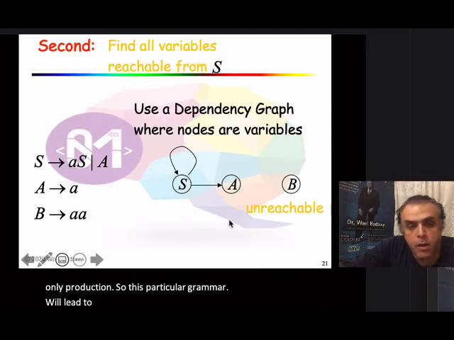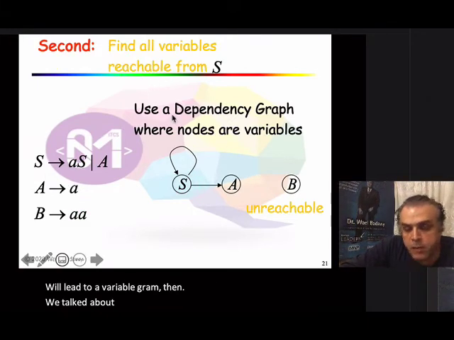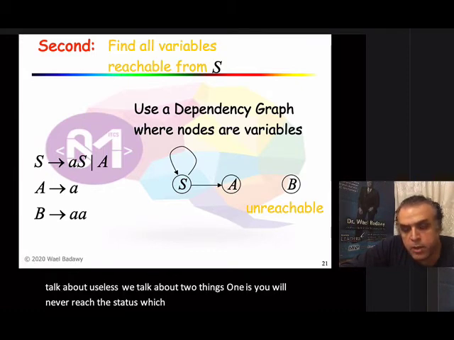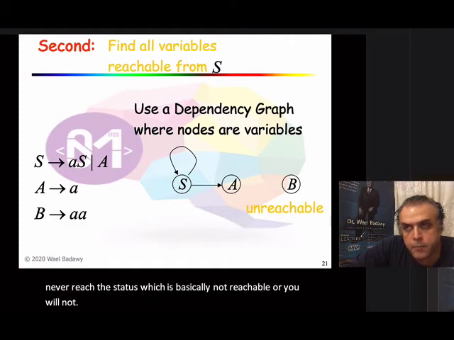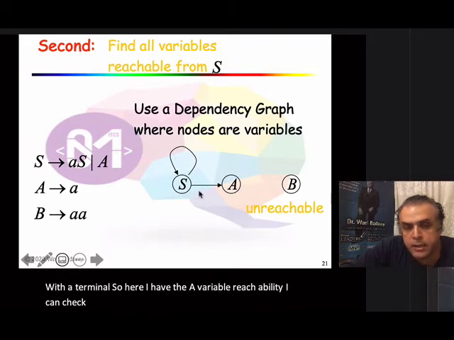Then we talked about reachability. Because remember, when we talk about useless, we talk about two things. One is you will never reach the state, which is basically not reachable, or you will not conclude with a terminal. So here I have the variable reachability. I can check the reachability using a state diagram.